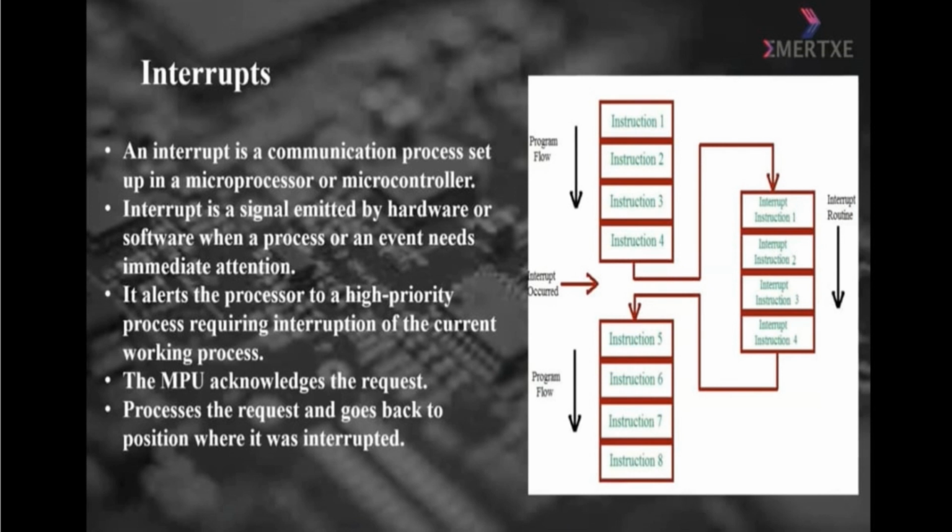The microprocessor unit acknowledges the request, processes it, and goes back to the position where it was interrupted. It alerts the processor to a high priority process requiring interruption of the current working process, as shown in the figure. Generally, an interrupt is a disturbance signal.